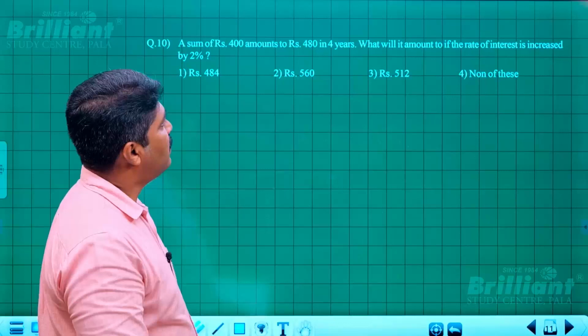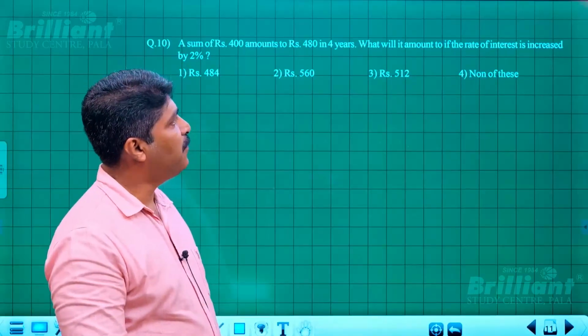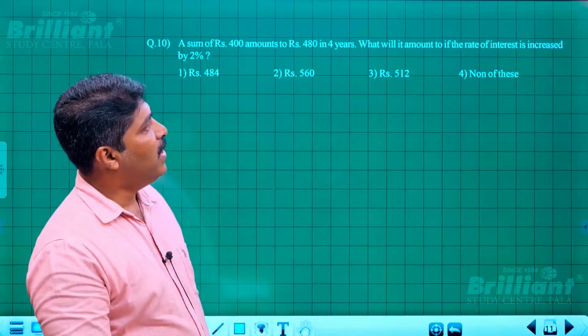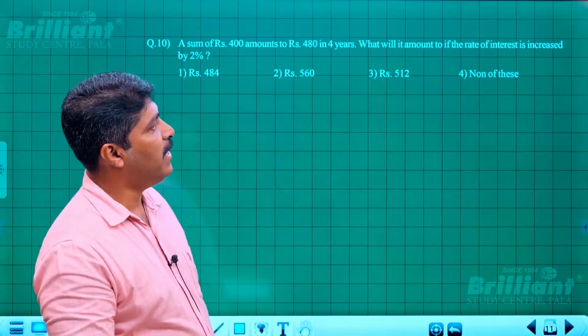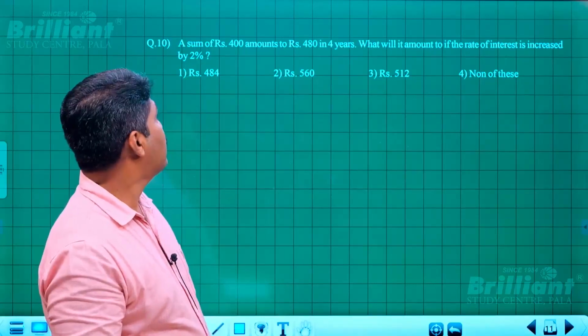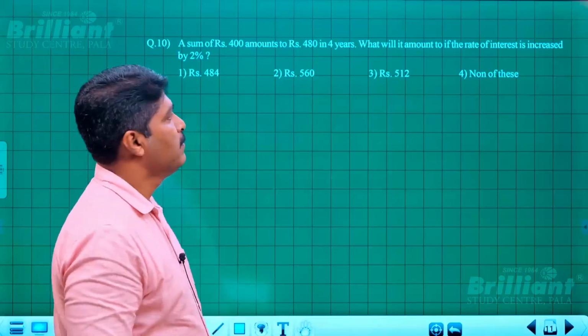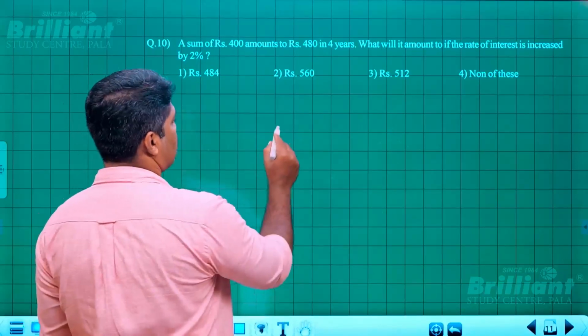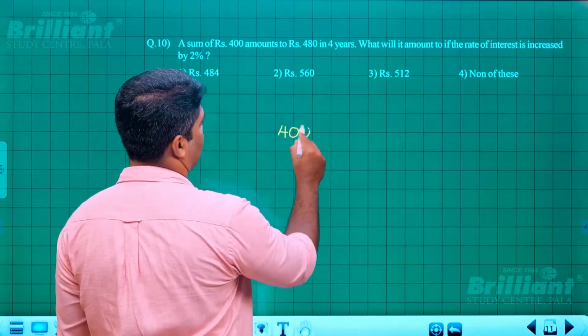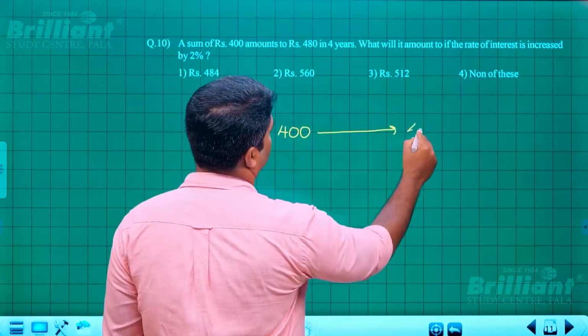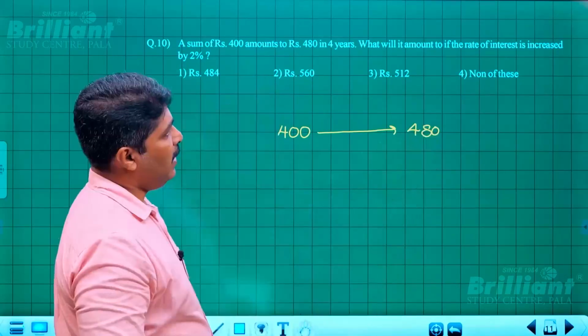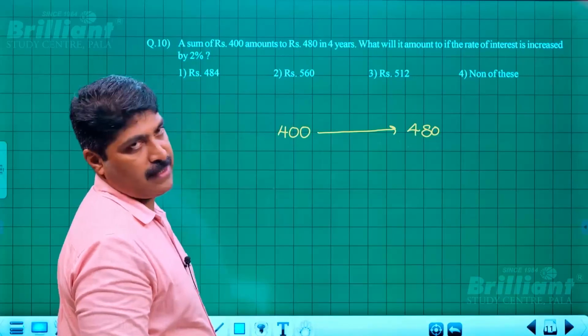A sum of 400 amounted to 480 in 4 years. What will it amount to if the rate of interest is increased by 2%? Here, 400 amounts to 480. It occurred in 4 years.